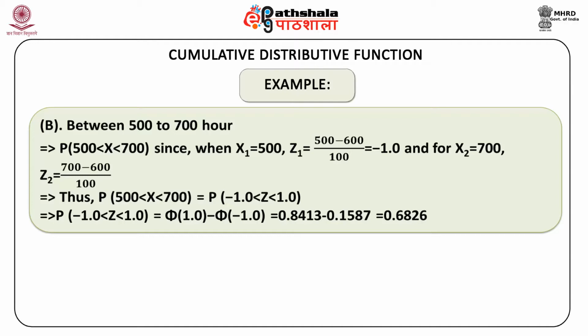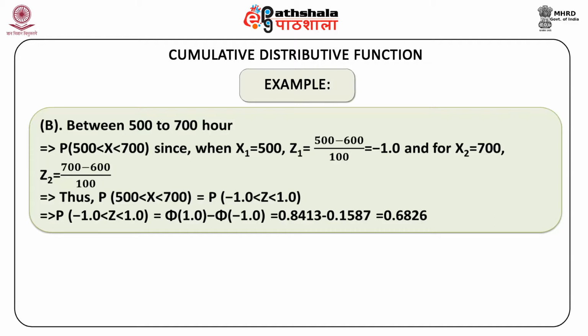Also, we know with CDF F(x), that x has to lie between a and b. We know that the probability that x lies between a and b is equal to F(b) minus F(a). Again, this means that the probability that z lies between plus 1 and minus 1 is equal to phi(1) minus phi(minus 1), which is equal to 0.8413 minus 0.1587, which is equal to 0.6826.